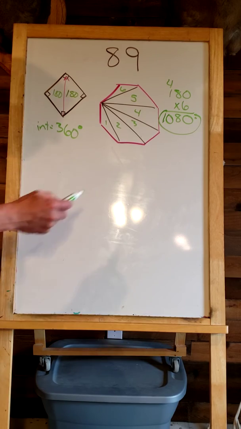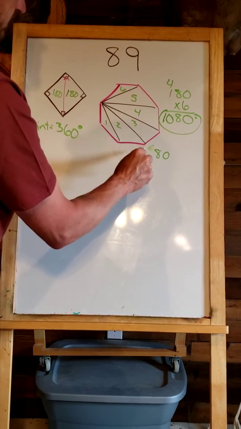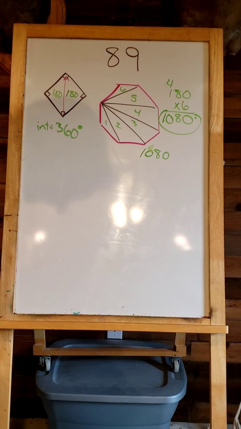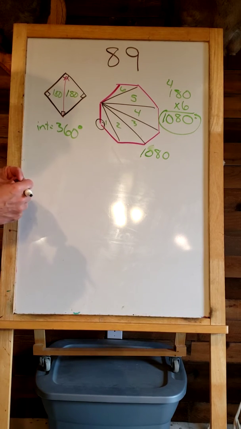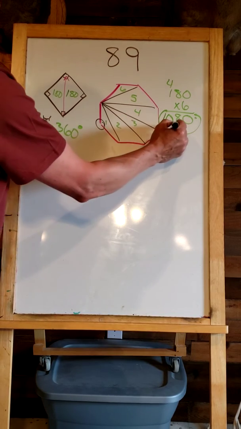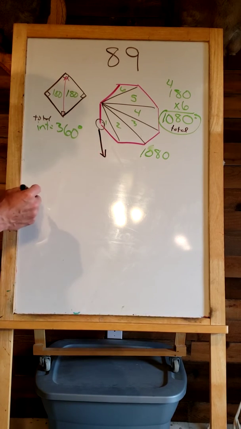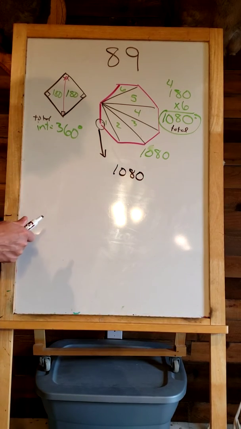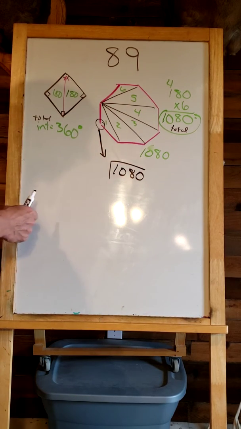Now, the other thing that we can do: we know that there is 1080 degrees inside this octagon. If we want to know specifically what each interior angle is going to be, we take our total, which was 1080, and we divide it by the number of sides, which in this case is 8.